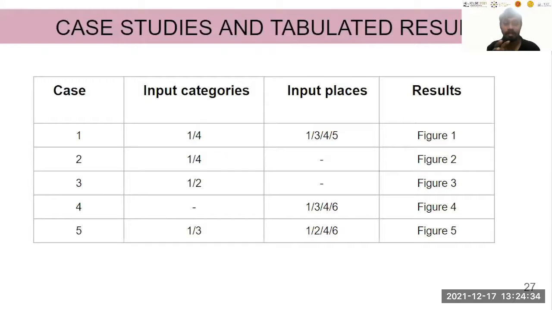And also here are the case studies and tabulated results. So we have used 5 cases to go with the 3 cases that we have explained earlier. We use different kinds of input categories and different kinds of input places. And here are the results that we have generated.